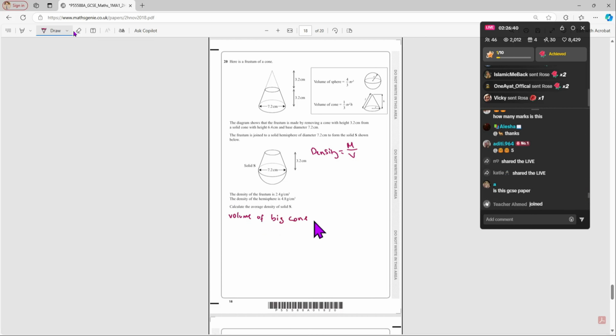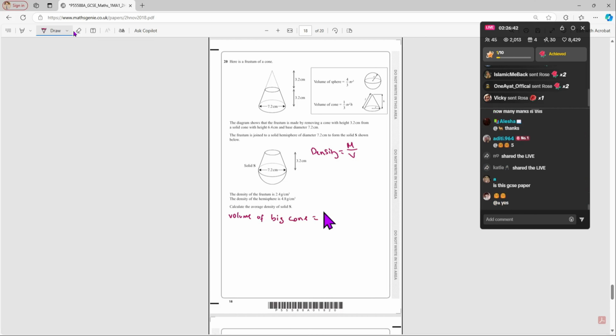is going to be equal to a third. Remember that we are given our formula, the volume of a cone is a third, then pi, then our radius squared. Our radius is going to be 3.6, which is half of 7.2. Radius 3.6 squared. And then our height is going to be 6.4.